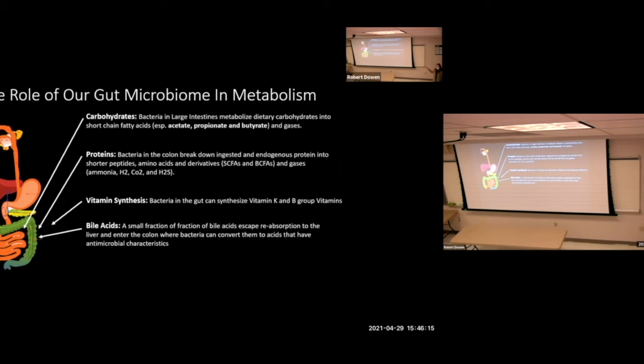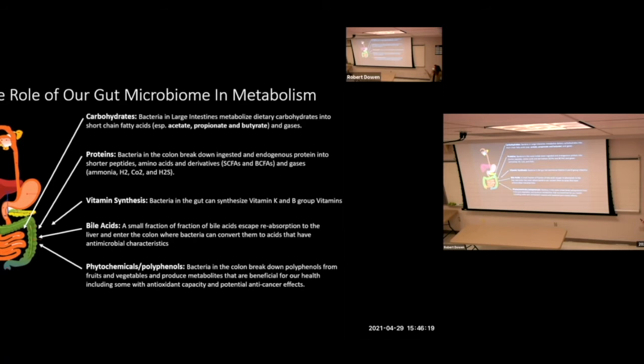They have a small role in the metabolism of bile acids. And something I think is pretty interesting is that when bacteria break down the phytochemicals and polyphenols found in fruits and vegetables, they can produce metabolites that are beneficial for our health, including antioxidant capacity and anti-cancer effects.